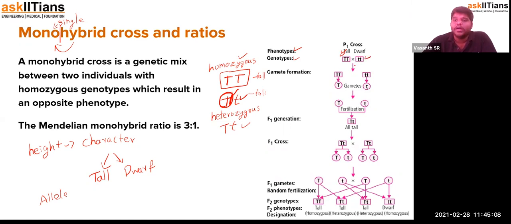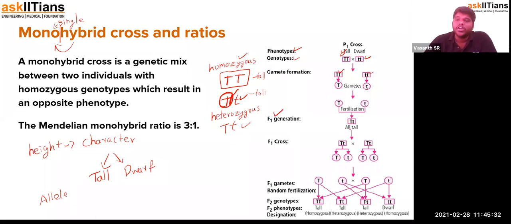When they undergo reproduction, the individuals form gametes, and because it is the same allele, only one allelic form can be taken as a gamete, and the same is done for the pure breed on the other side. Upon fertilization, it forms an individual which is heterozygous in nature, capital T and small t. So that's the F1 generation.